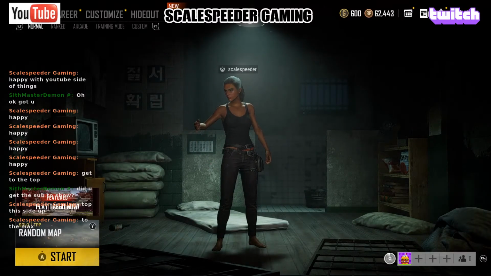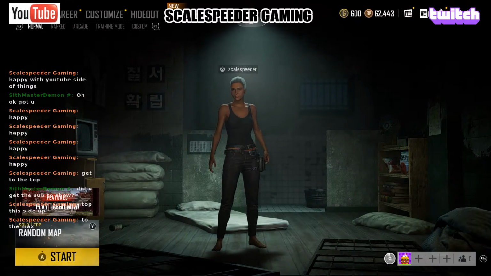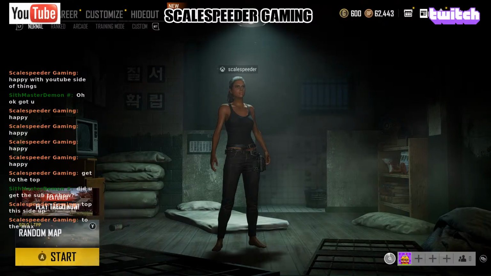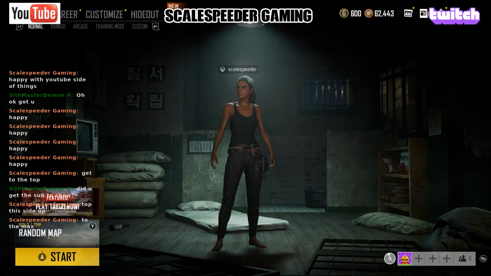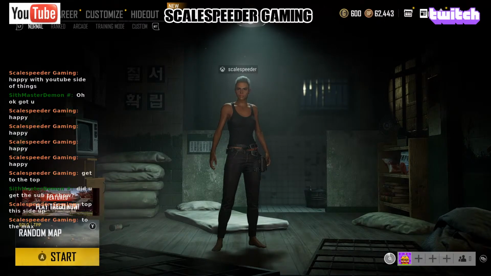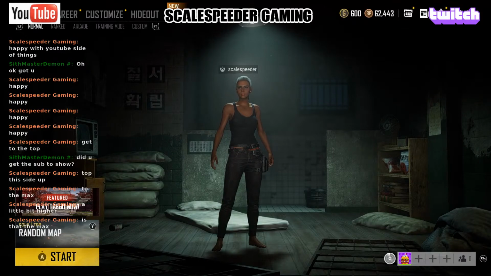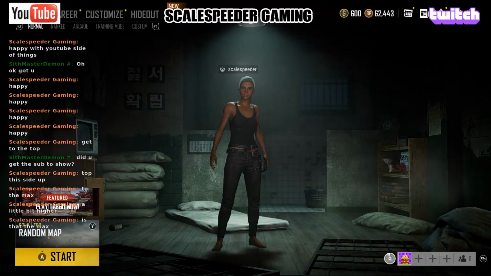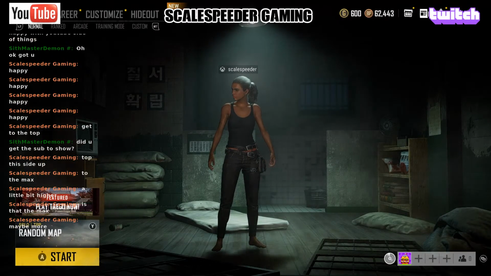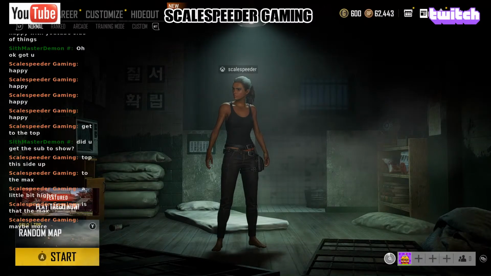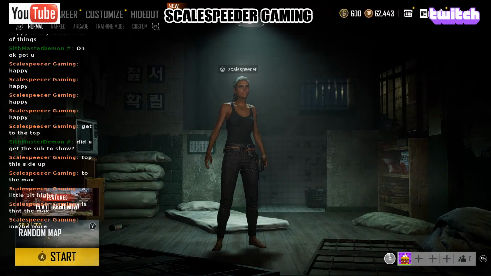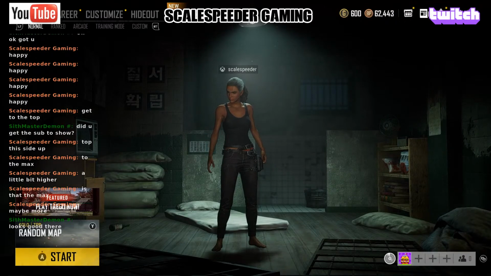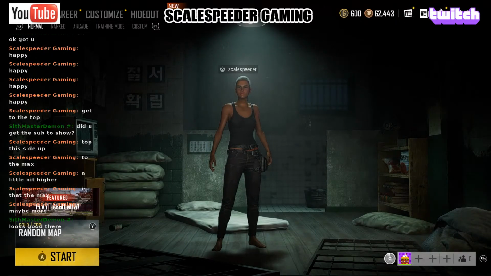A little bit higher. Is that the max that it can do? Maybe more. What happens when it does get to the top? Right, okay, there we go. Okay, so now we're happy with the left-hand side.